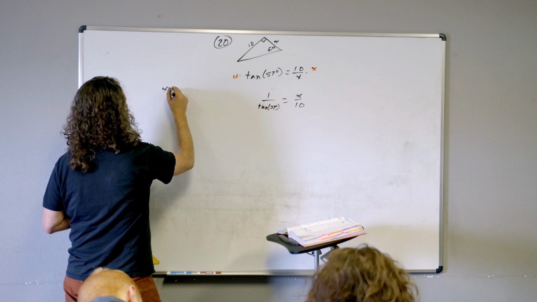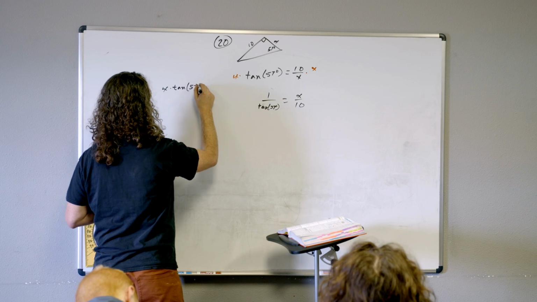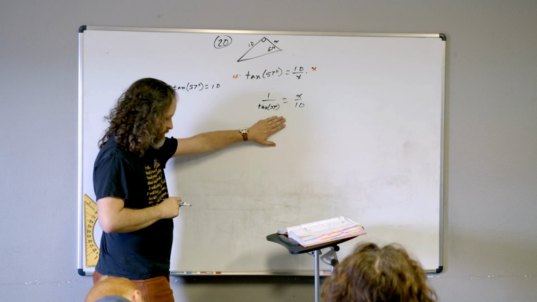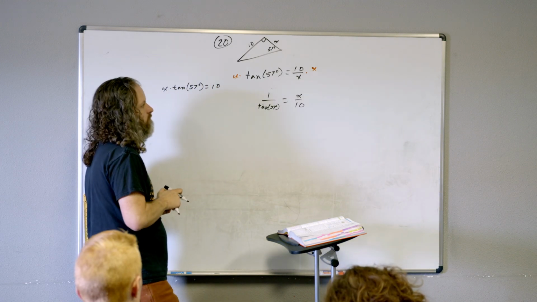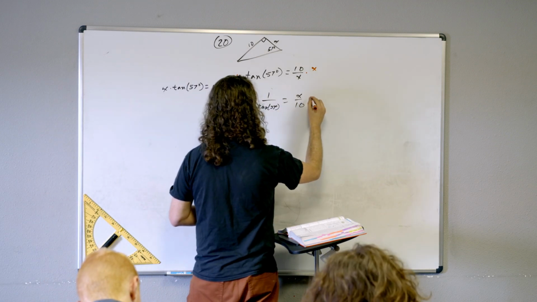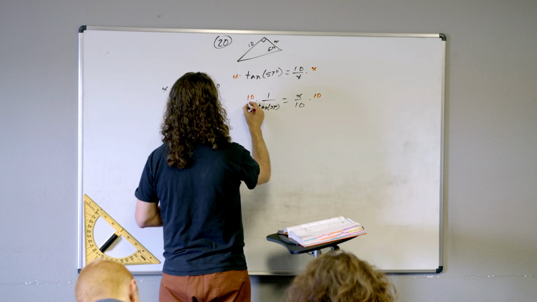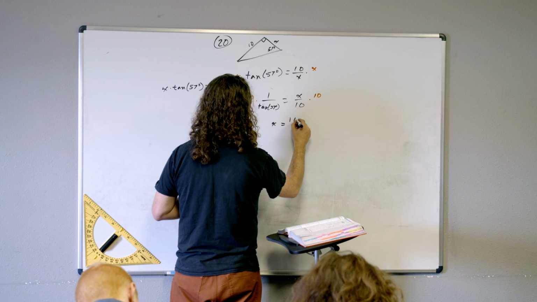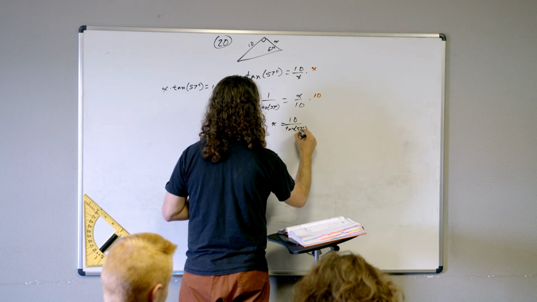So x times the tangent of 57 degrees equals 10. What would we do next over here? What did we just do? You have to multiply each side by 10, right? Times 10, and just like you were saying before, it's 10 over 1. So this one turns into x equals 10 over the tangent of 57.